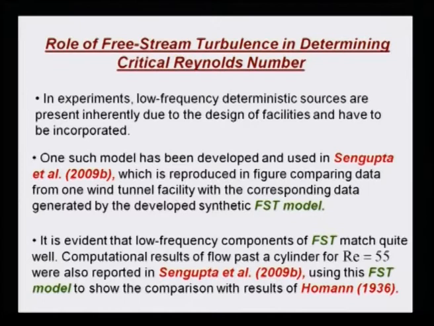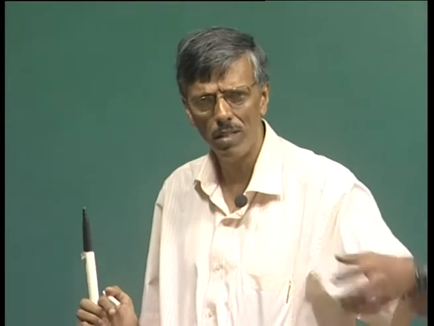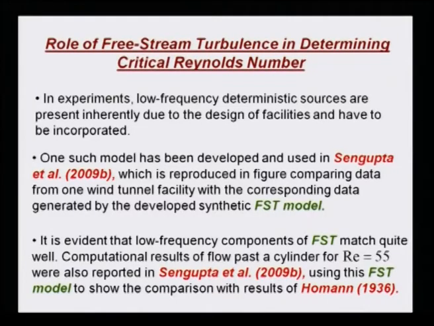So, what happens is we could do that, and that is the story of this particular FST model that we developed. And because we pick up the low frequency event from the empty tunnel data itself, it of course matches quite well at the low frequencies, low wave numbers. In addition to that, we fixed the constant alpha to match the second and fourth order statistics.